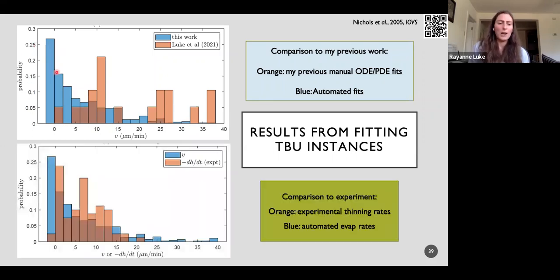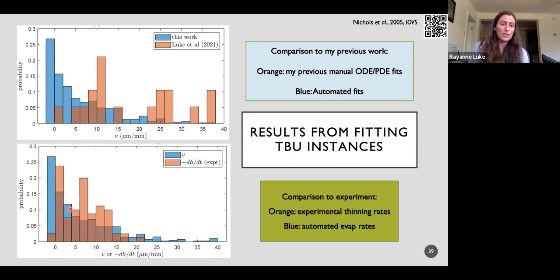But we see a much better comparison if we look at the current tear film group results and our experimental thinning rates. This is from that study that I mentioned before, where they looked at the thinning rate in the center of the cornea. And there's pretty good agreement here.